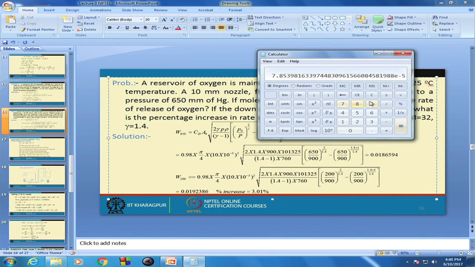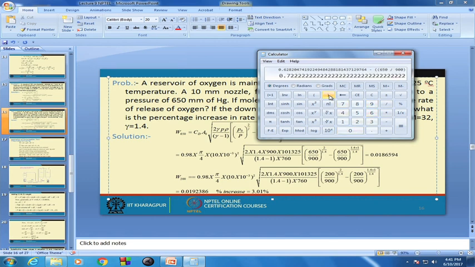So if we do 650 by 900, 650 divided by 900 is equal to this to the power 2 by 1.4. 2 by 1.4 is this, so that is becoming this, minus, so let us take first this and second this, that 650 divided by 900, right?